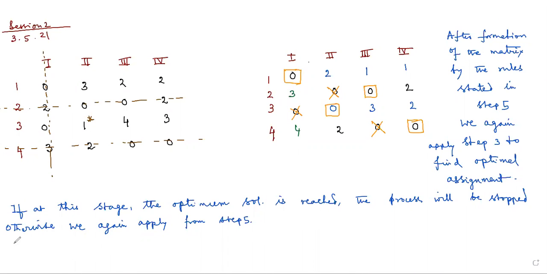So now we see that the resultant matrix now contains one and only one assignment.